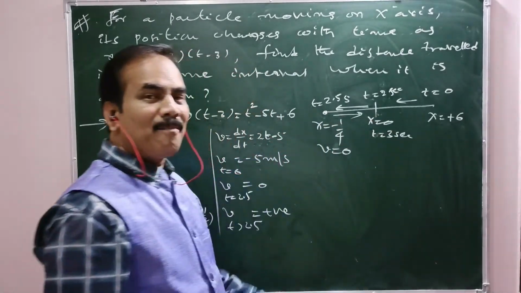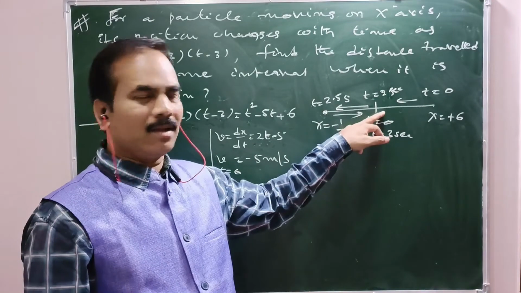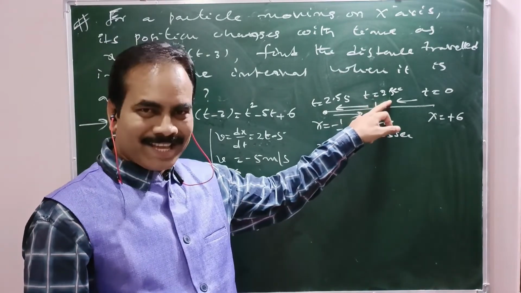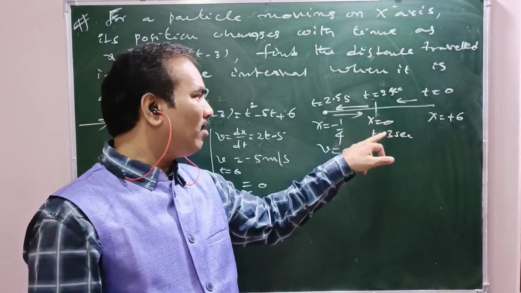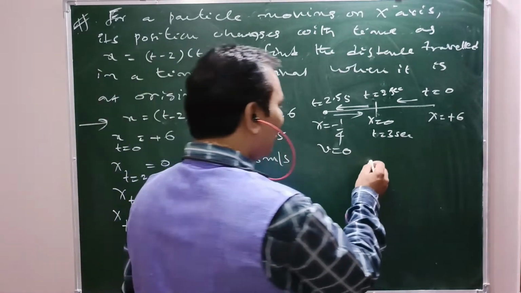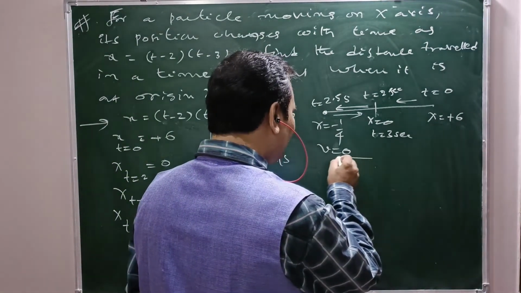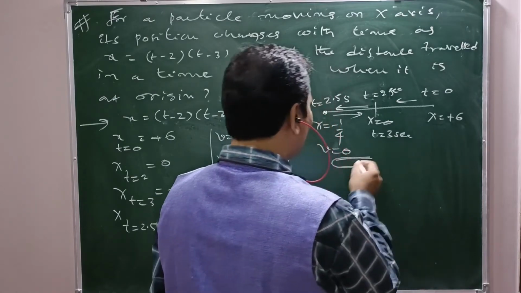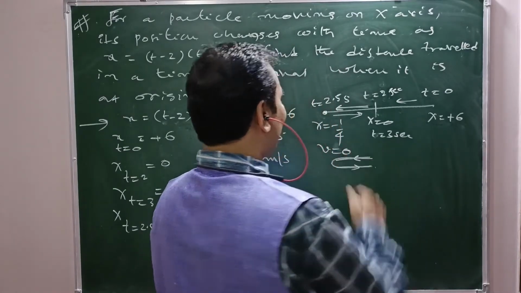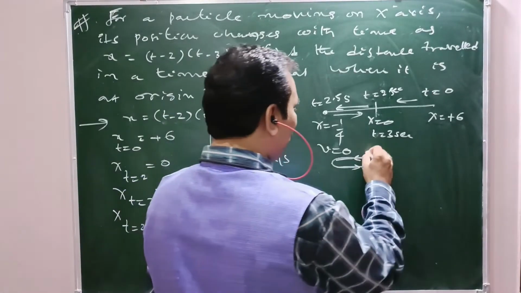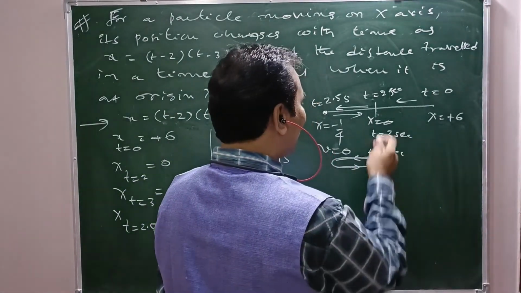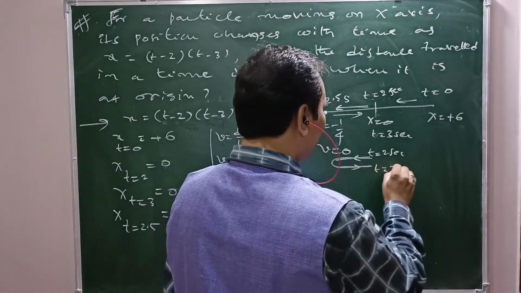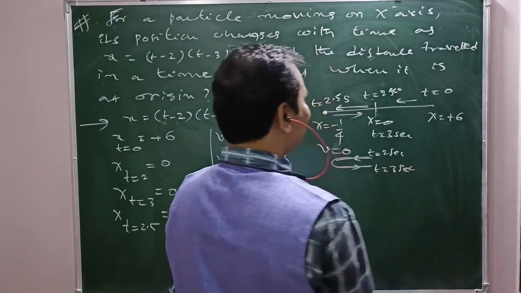So the particle appears twice at the origin, initially at t equal to 2 seconds and again at t equal to 3 seconds. In this interval, this is the path of the particle. Of course, retracing along the same path, I am dividing separately.